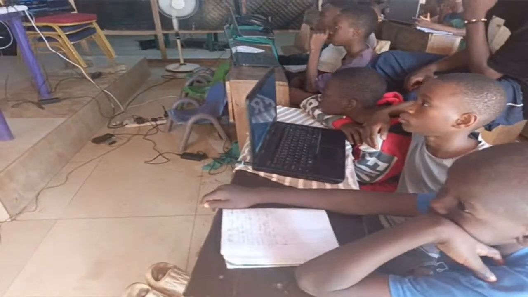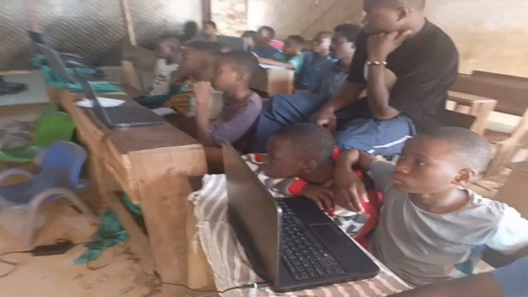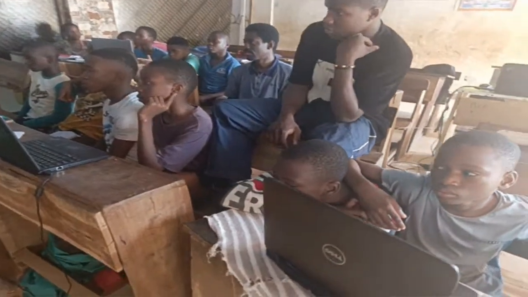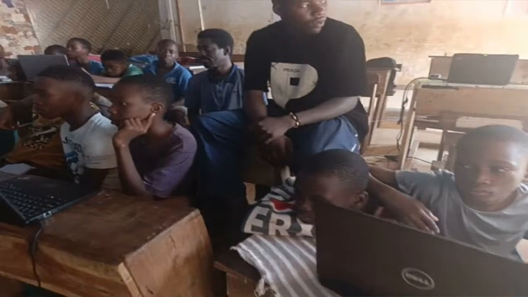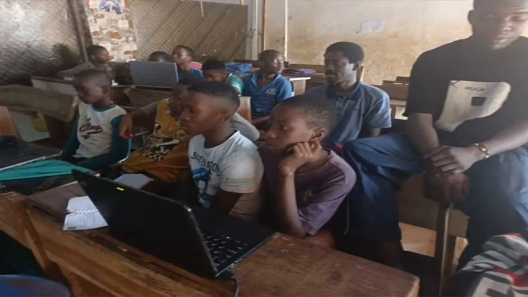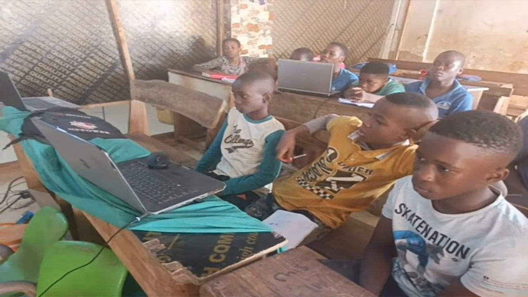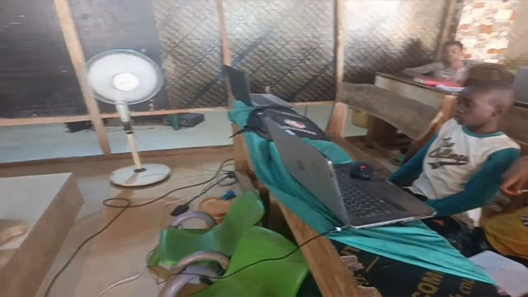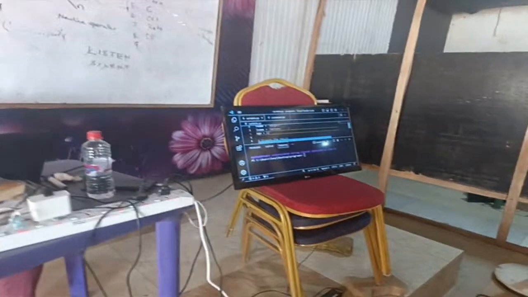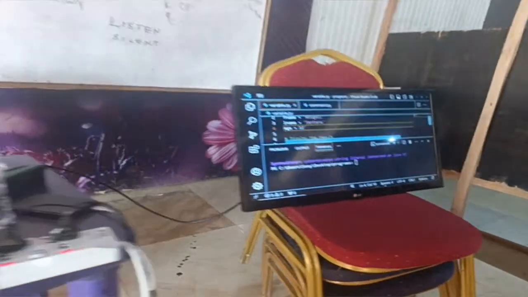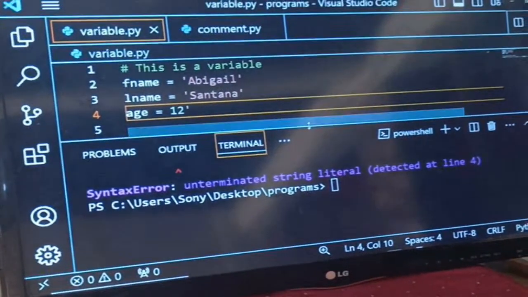See this program, I've added an error in this program. The error I added is this, which is not supposed to be there. If I'm adding code, I should add it around two sides. So I've added this error and we are having this error.